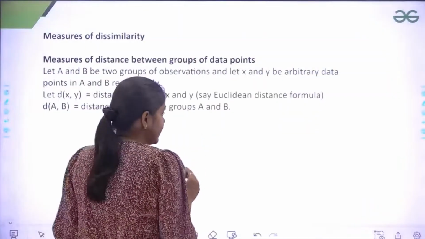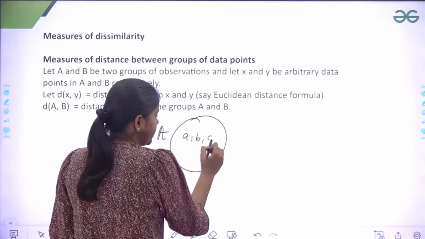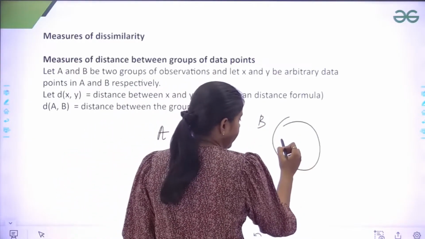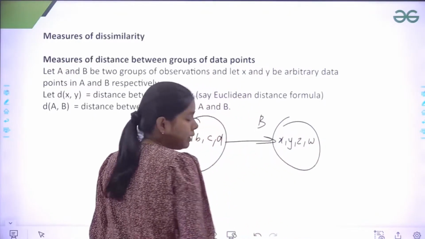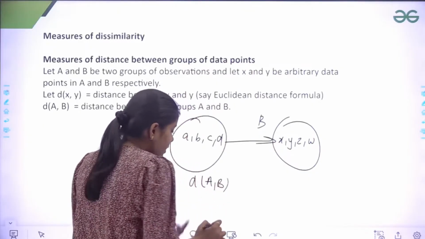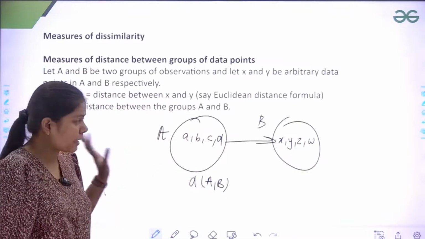Basically, let's suppose we have one group A in which we have some points, let's say a b c d, and another group B in which we have, let's say, x y z w. To find the distance between these two groups, I'll denote dA comma B. That means I'm finding the distance of group A with group B. That is a notation.